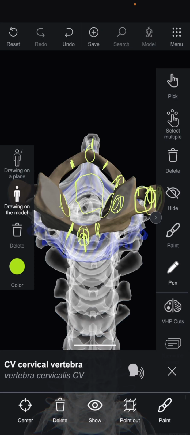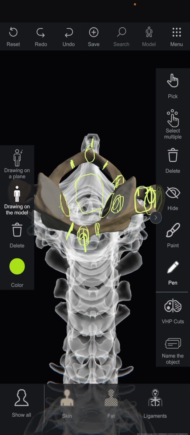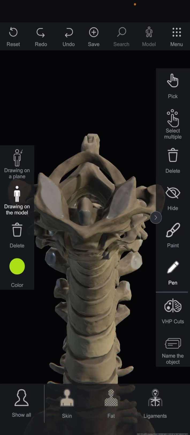Between them we have the transverse foramina, and here we have the groove for the vertebral artery. These are all the formations of which vertebra? C1, the atlas vertebra.